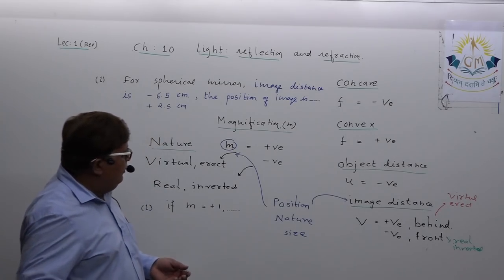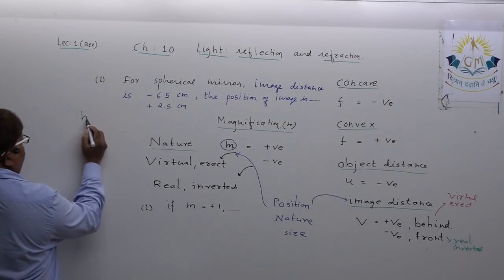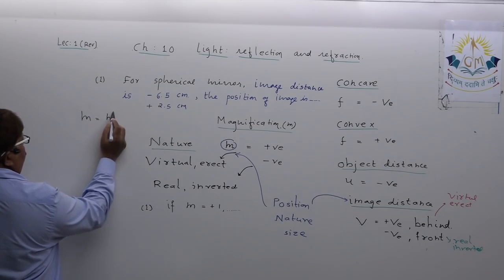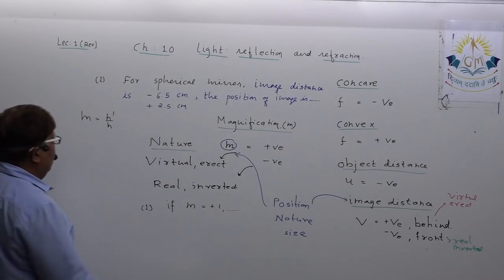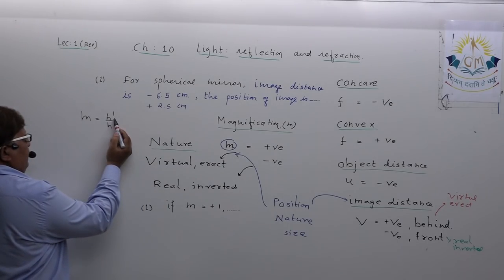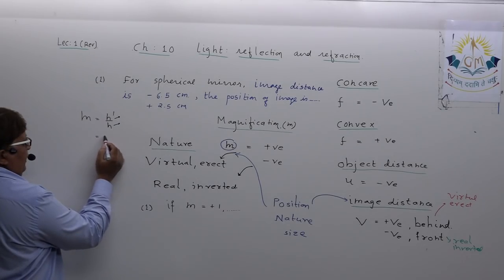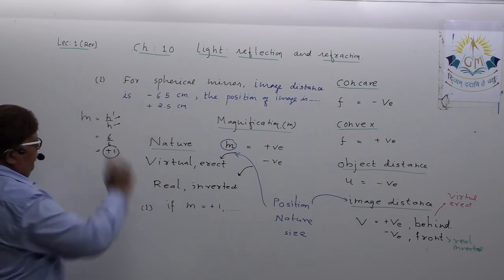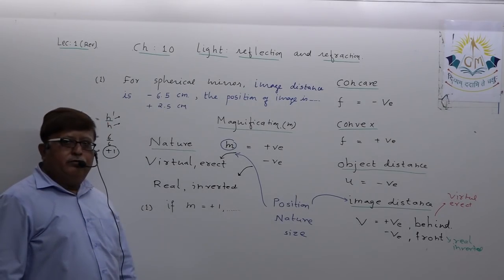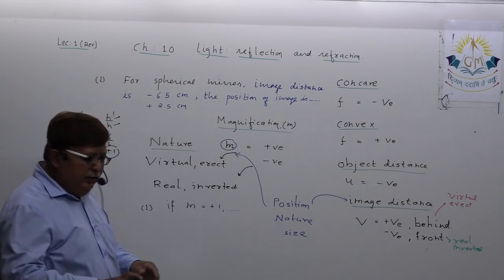Why, dear student? You know the formula. Who can remember the formula of magnification? What is that? H dash upon H. This represents image height, this represents object height. So both are suppose 6 and 6. The answer is going to be plus 1. So dear student, is it clear in your mind?